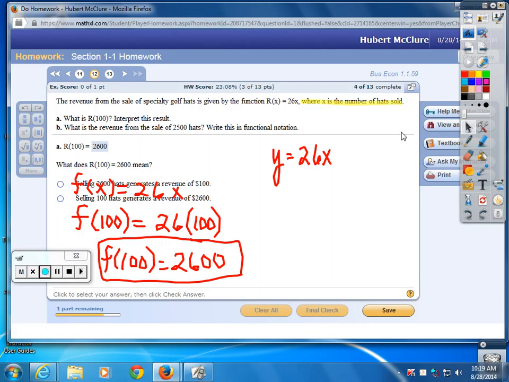Okay, let me do that again. 26 quarters. 24 quarters would be $6.